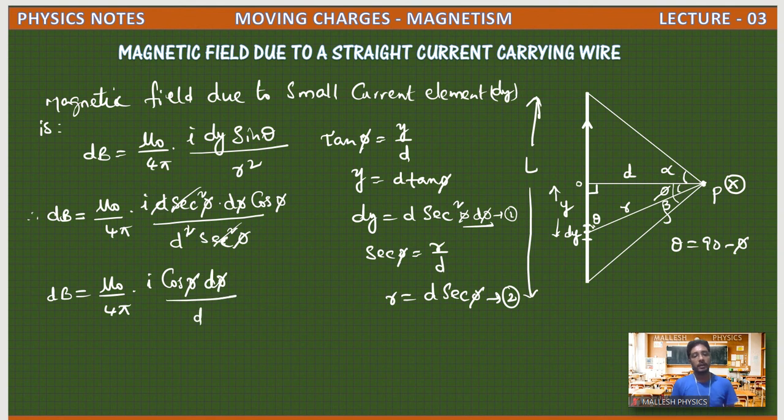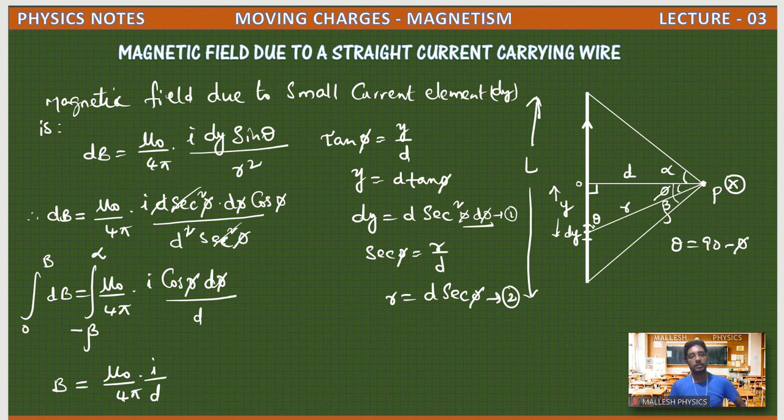Now we integrate this equation on the left side from 0 to B, and on the right side the angle changes from minus beta to alpha. If you integrate, you get B is equal to mu naught by 4 pi I by d, integral of cos phi is sin phi.